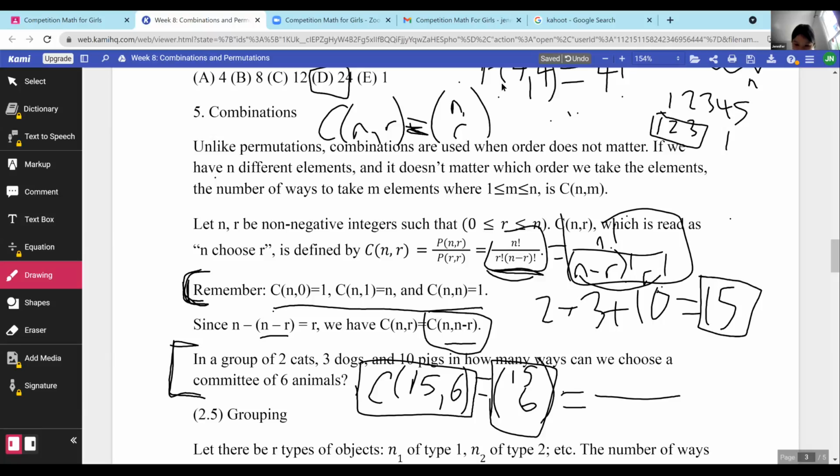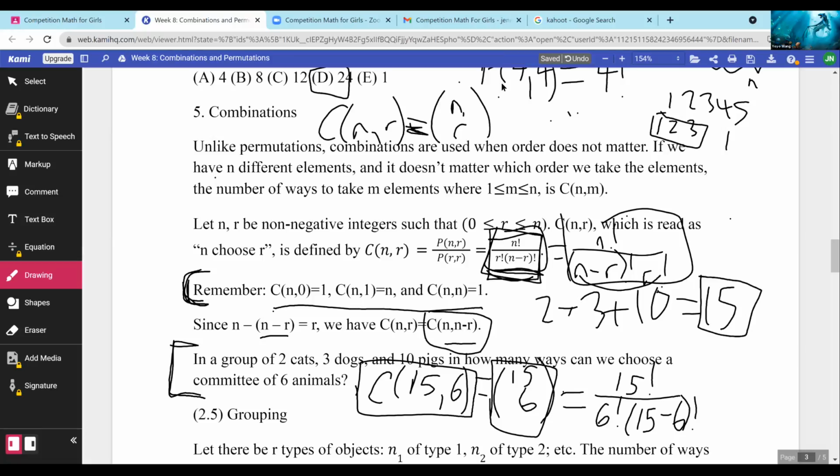So can anyone give me the formula using this? Sure. 15 factorial over 6 factorial times (15 minus 6) factorial. So you could cancel 6 factorial with 15 factorial.